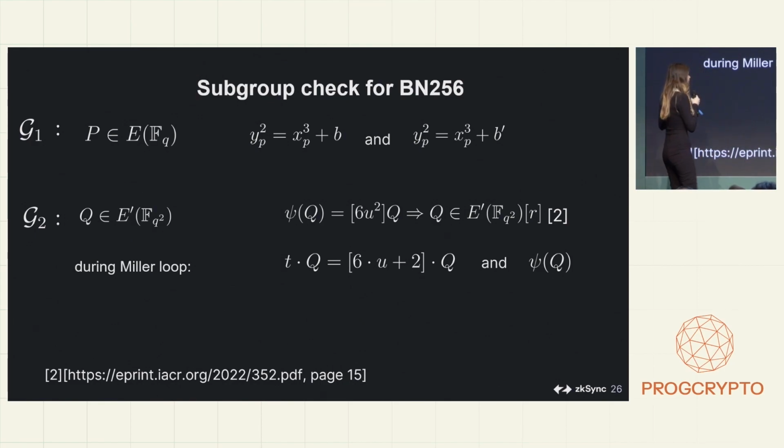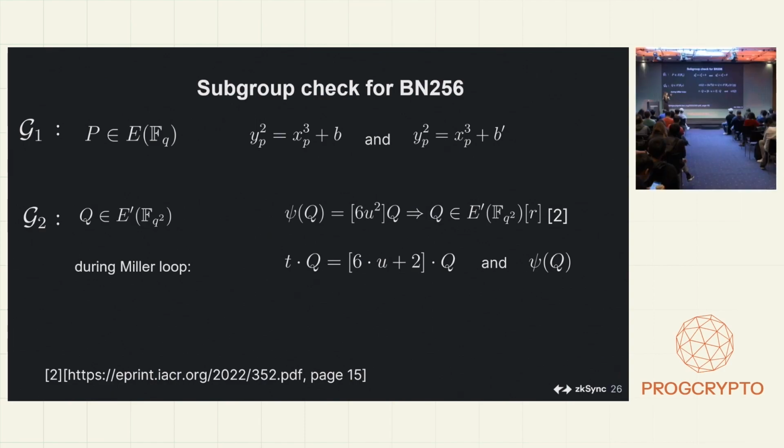But what if we use this subgroup check during the Miller loop? During the Miller loop, we get the scalar that we need for our formula, and we use Frobenius endomorphism. So we just reuse what we compute in the Miller loop. Then our subgroup check will be cheaper.